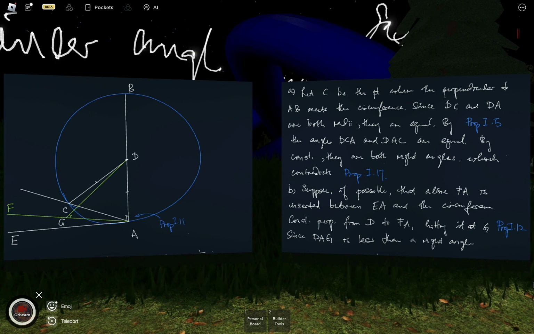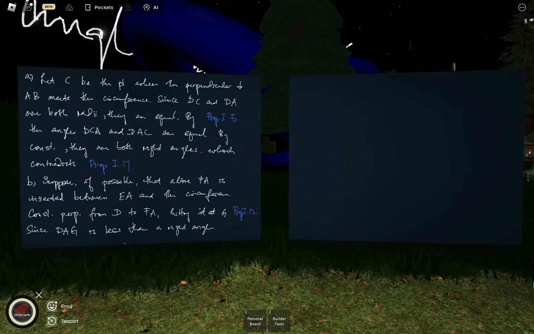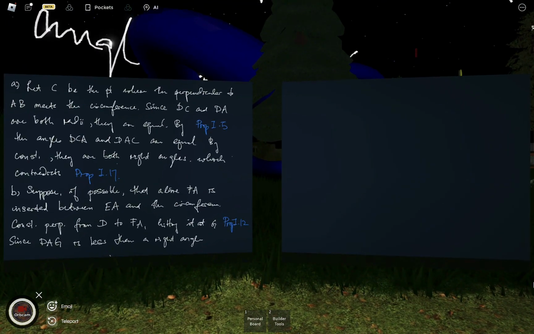And now we've constructed a right angle at DGA, and so we're going to use this to give us an inequality in the side lengths. So I'm going to go to the next board. Okay, so since DAG is less than the right angle, DGA is a right angle.